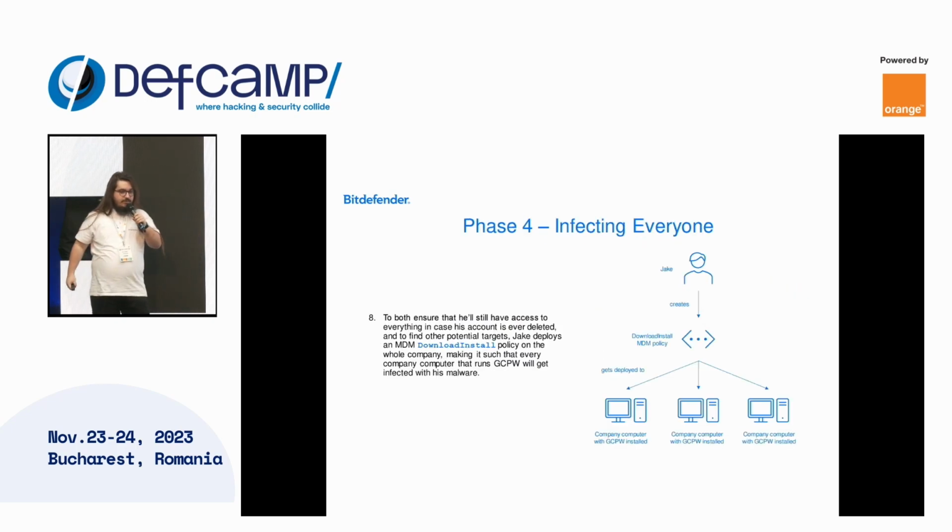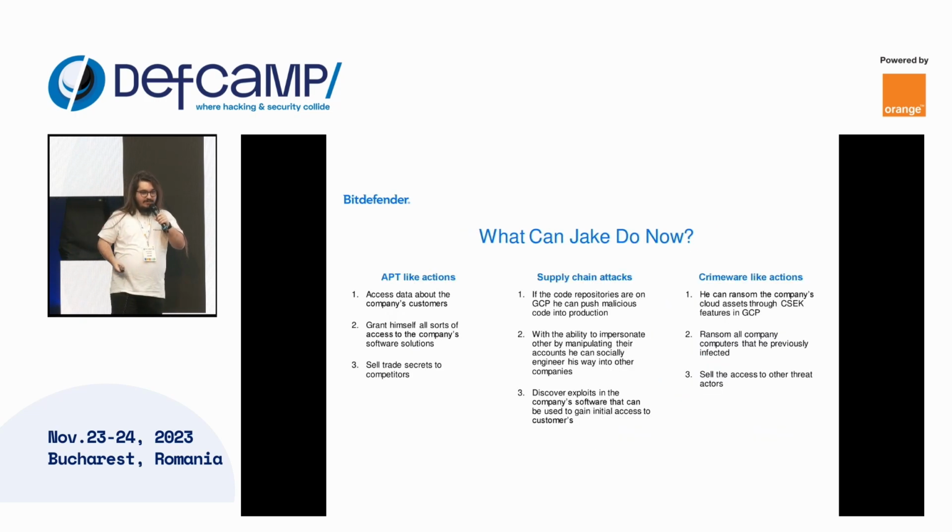Next, just to complete his attack, Jake is going to deploy a mobile device management policy of the type download and install so that he can install his malware on everyone's computers. All right, what can Jake do now?